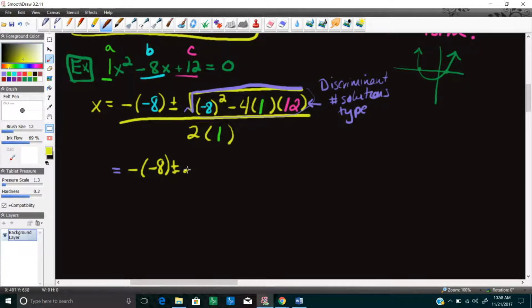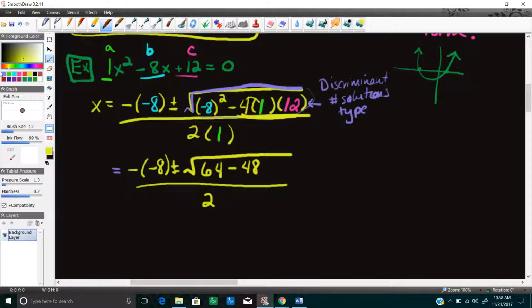Negative 8 plus or minus, then we have the square root. Negative 8 squared is going to be 64. Okay, and then this piece right here, I'm going to multiply this whole thing out. So 4 times 1 is 4, and then 4 times 12 is 48. So minus 48, okay, all over 2 times 1, which is just 2.